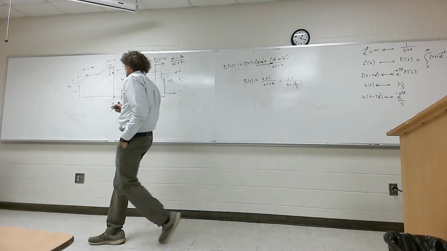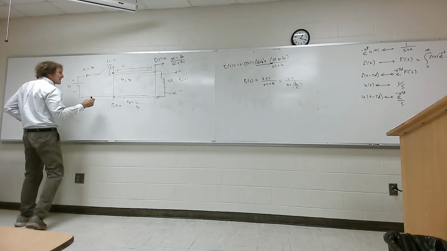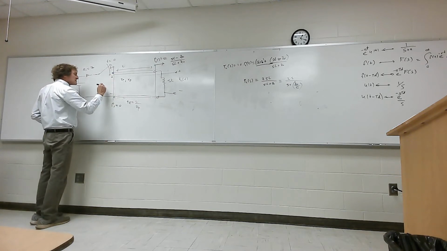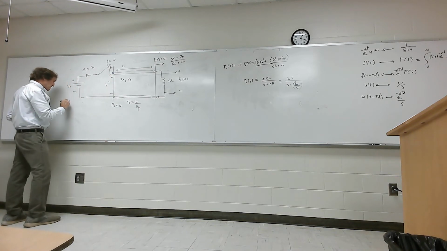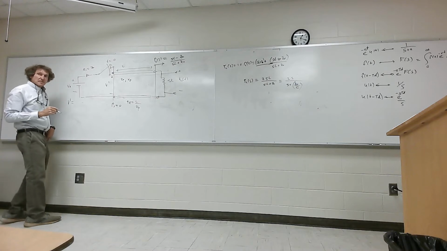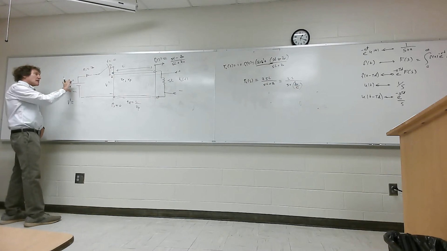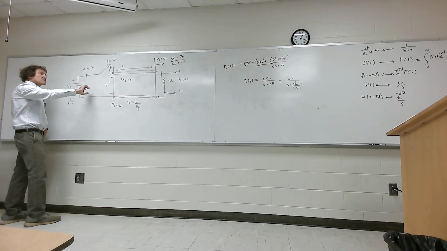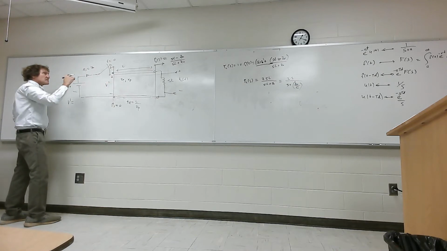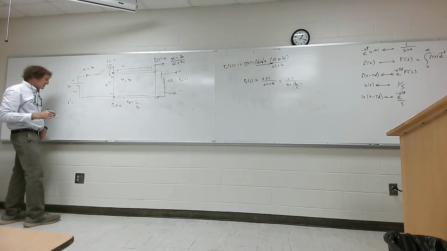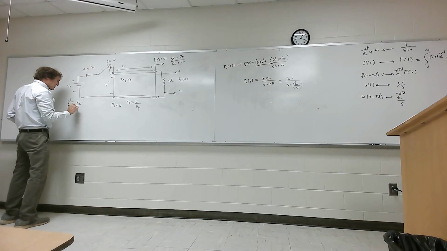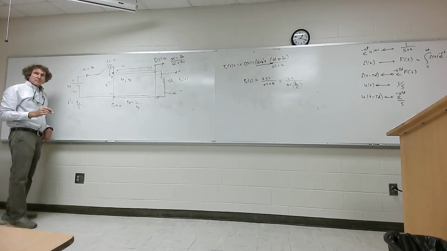Now I come back here and I say, I need my V prime. What's V prime going to be, guys? It's V naught times Z naught over Z naught plus Z naught, or V naught over 2, just like the last one. Now I'm going to go ahead and put the time delay here.